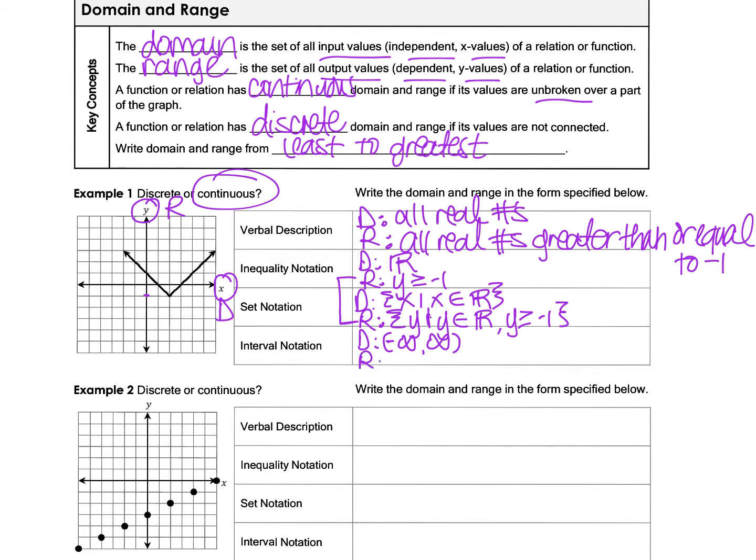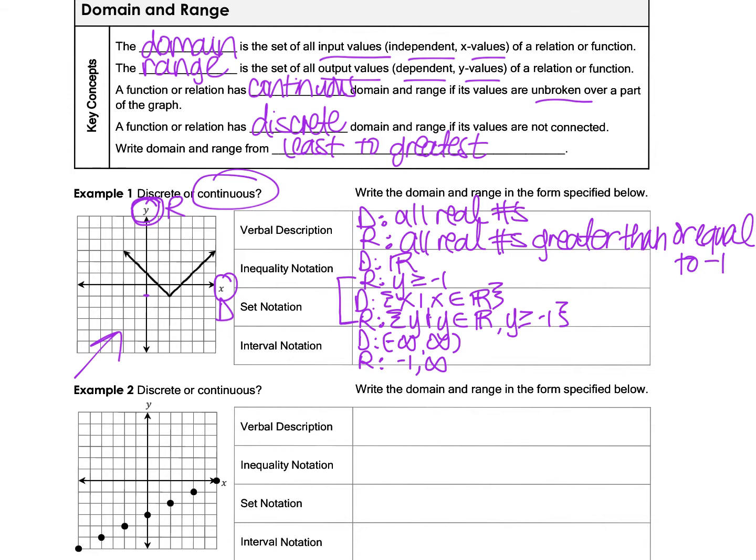The range, if you look at your y-axis, if you look at the graph, the smallest y value would be -1, and it keeps going up, so it would be +infinity. So parentheses go around things that are not included, and a bracket goes around things that are included.